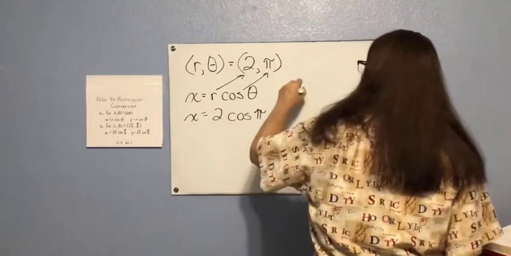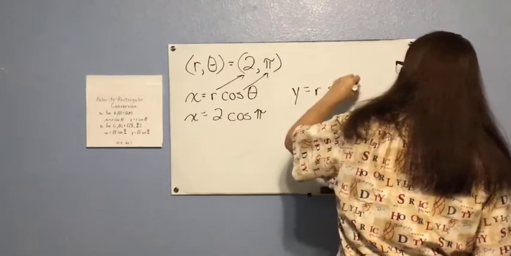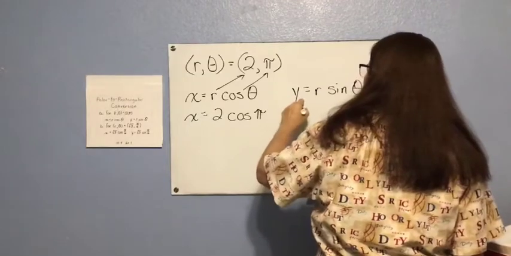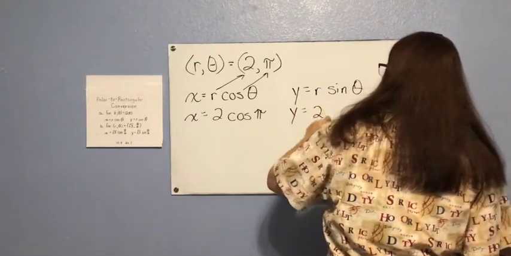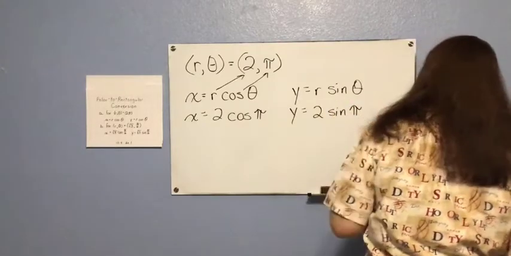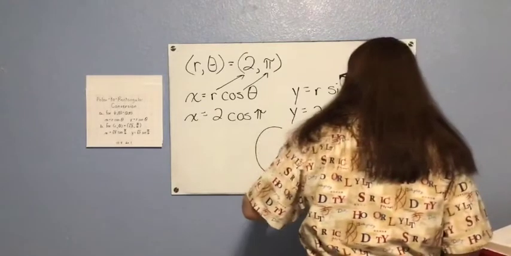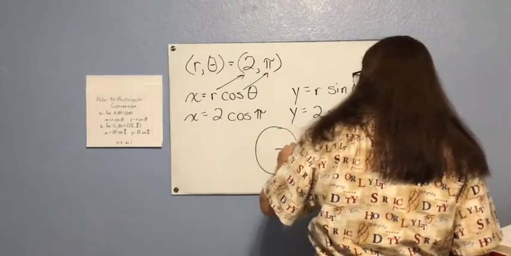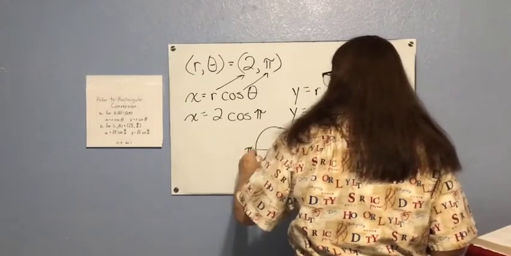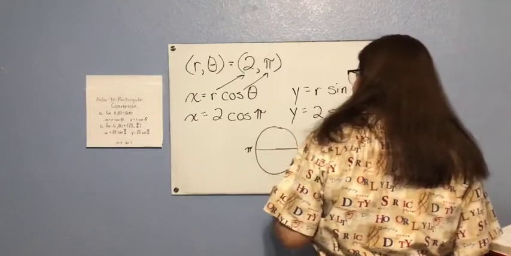For y, which is equal to r sine theta, we make the same substitutions: y equals 2 times the sine of pi. If you remember your unit circle, there's 0, and pi is over here, and the cosine of pi is -1.